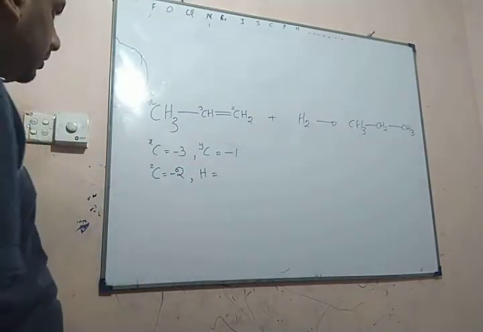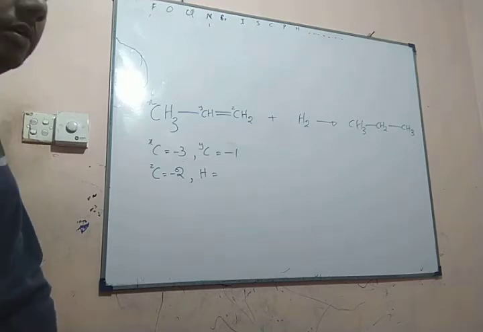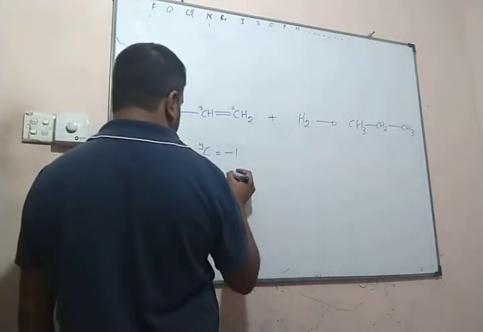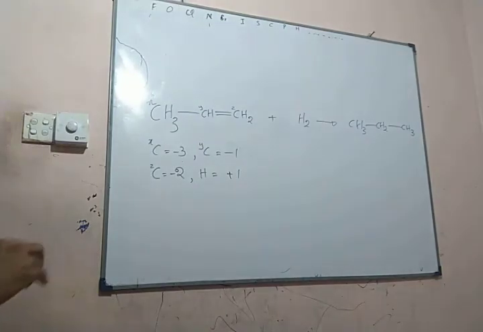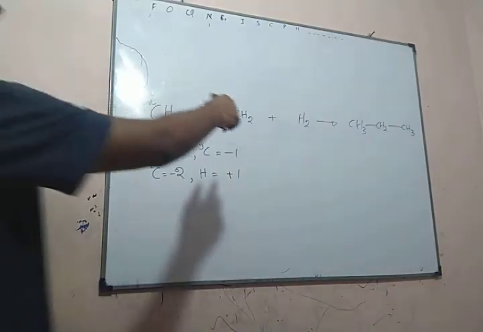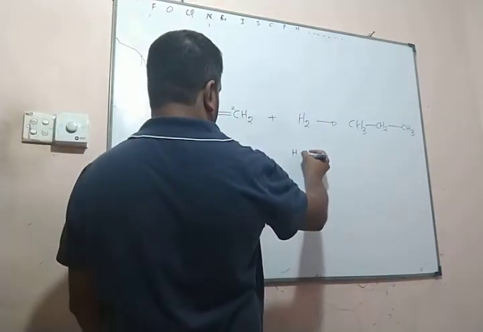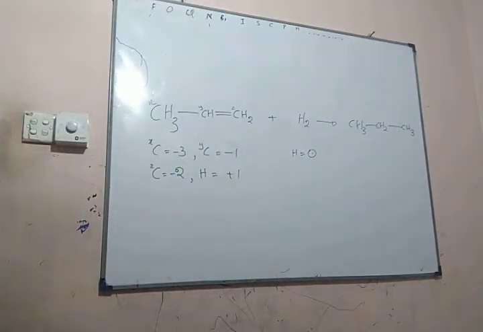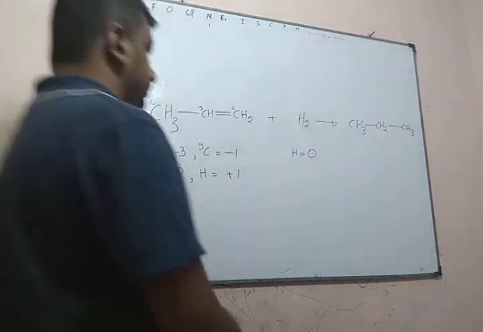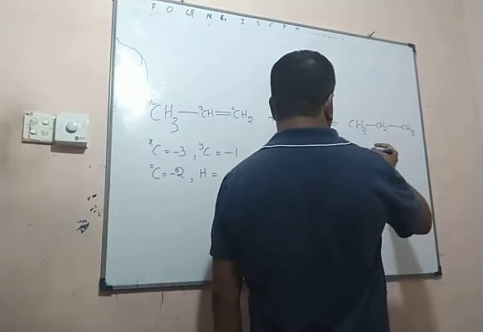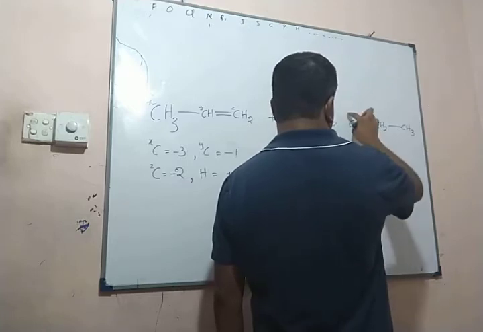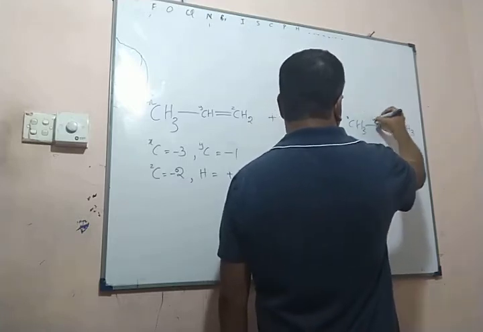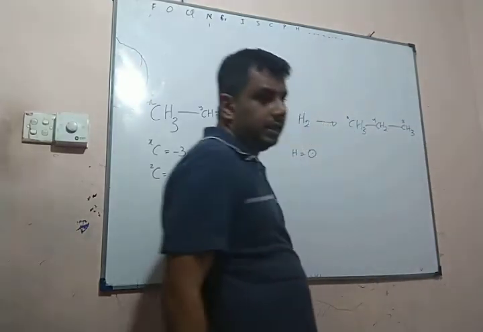What about hydrogen? +1. Oxidation state of hydrogen is +1, right? And this hydrogen, okay, 0, it's an element, so 0, right? There. X carbon, Y carbon, Z carbon, right?